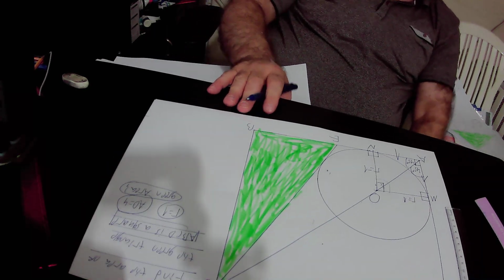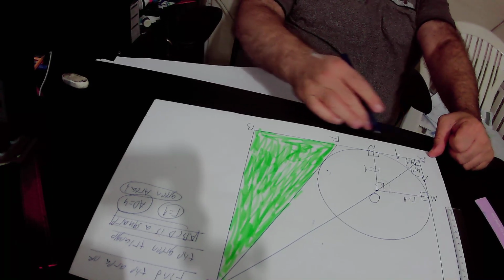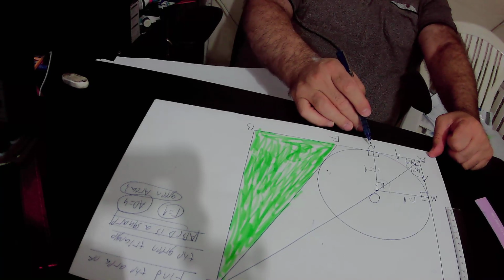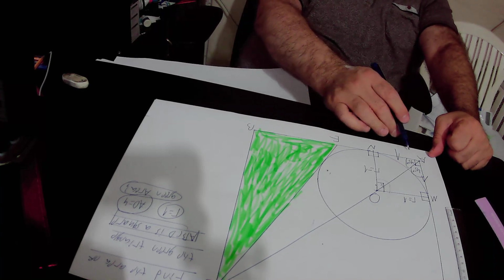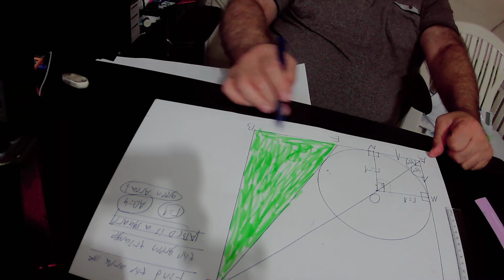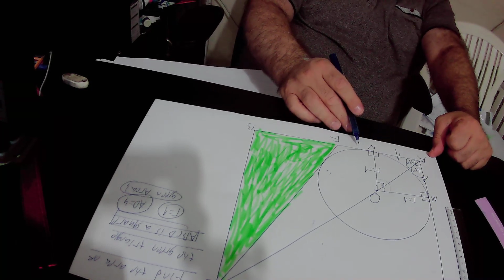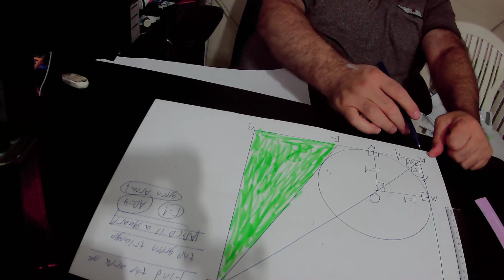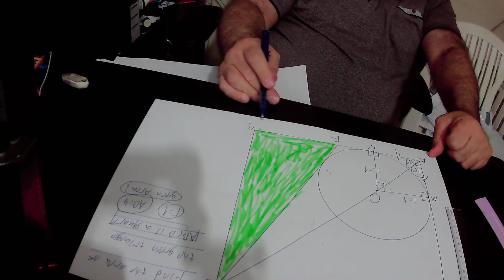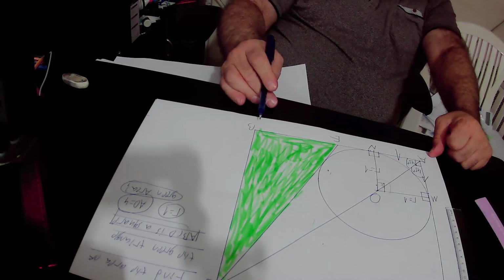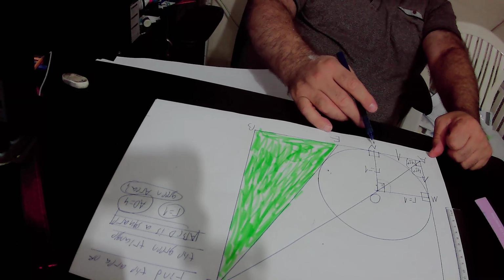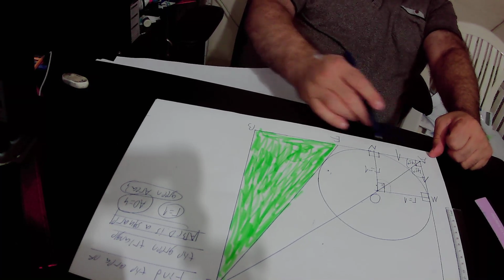Actually, we know that side AB is tangent to this circle at point N. Point N is the point of tangency of tangent AB with this circle. What does it mean? It means that point N is located on the tangent AB. That is to say, point N is on tangent AB.